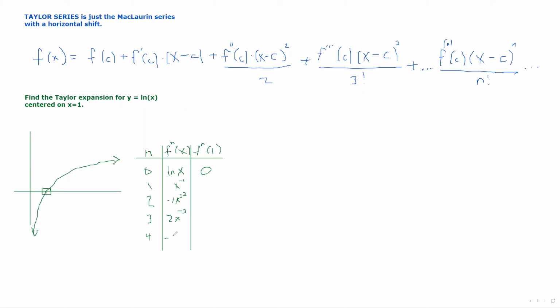We're going to multiply by the power and then drop the power. Just for good measure, I'll write out one more. 24 x to the negative 5th. And if we plug in a 1, well, this is just 1 over 1, 1 over 1, 1 over 1, 1 over 1, 1 over 1. It's just equal to the coefficient.